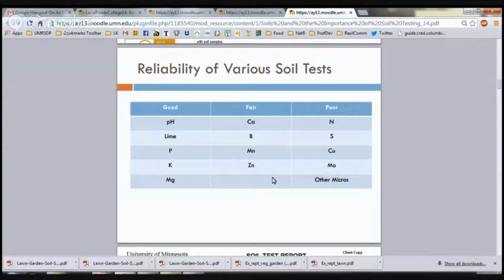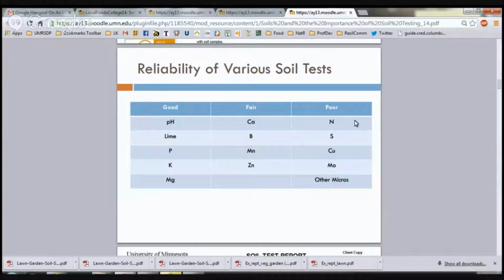But we talk about the reliability of various soil tests. You'll notice a lot of those that we talked about in the regular tests are good, they're reliable, but there are also some that are not so reliable based on differences in test, extractants, and things like that.